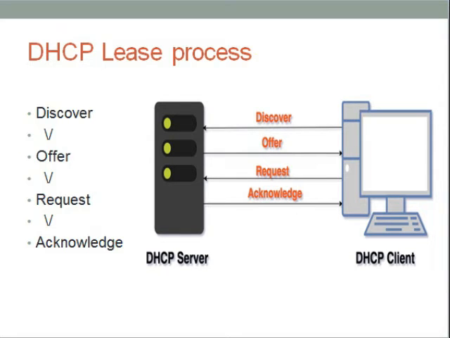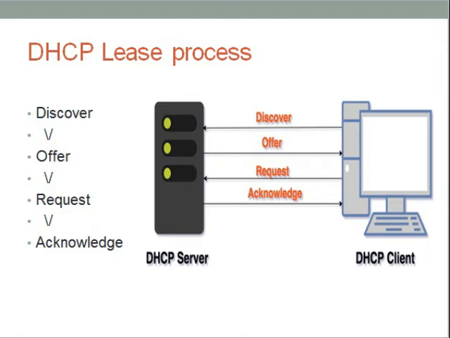Here step three comes into place, the Request. After the offer is made for the IP address, the client requests the DHCP server, saying, yes, I would like to have the IP address. Then comes step four.